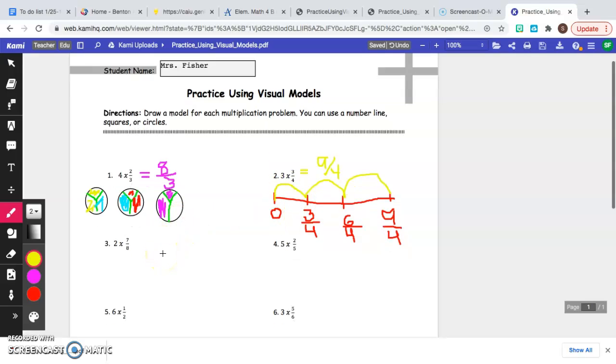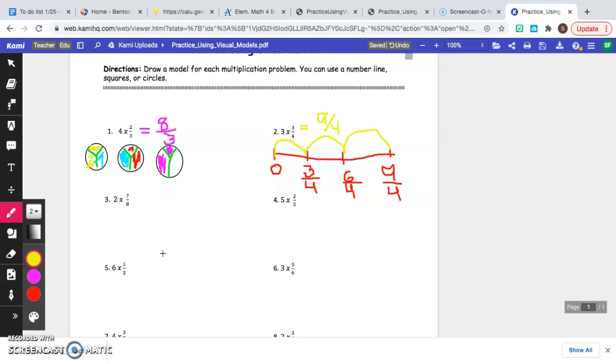All right, so now I am going to do one more. And I'm going to do a number line again because it'll be the easiest. All right, I'm going to make this a 0. Now remember, we're taking that whole number 2 and we're multiplying it by 7. Okay, and that denominator is going to stay the same.